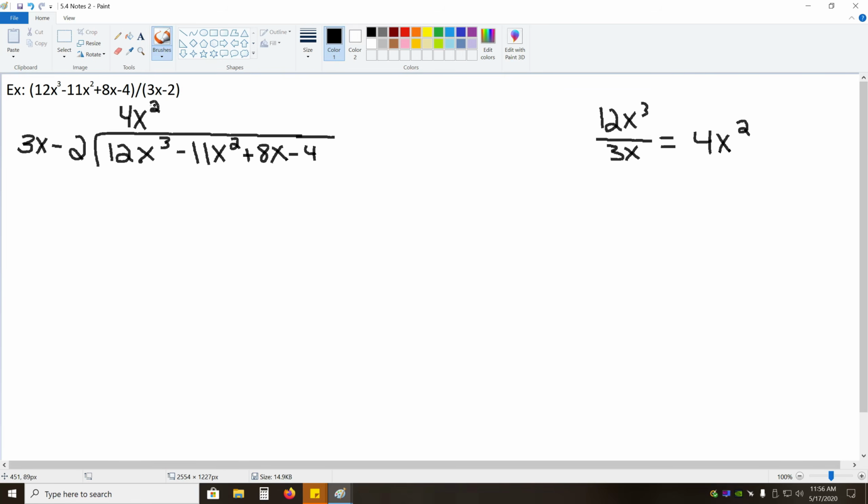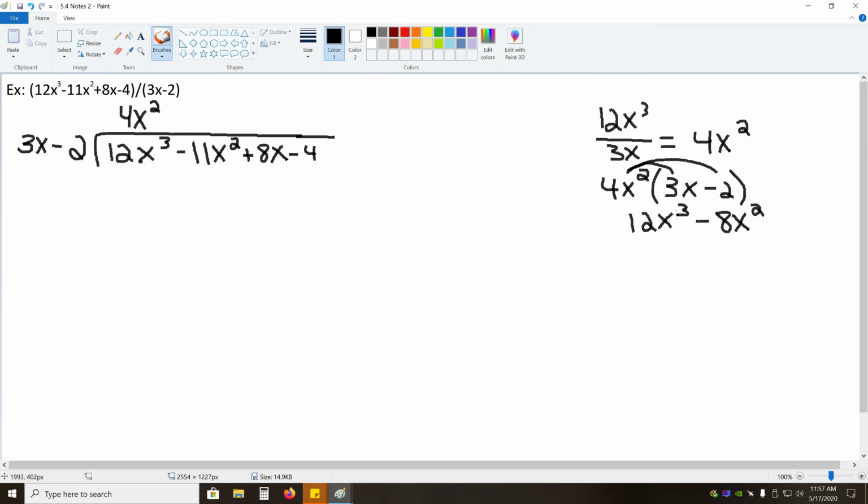And now we always take the number on top and multiply it to the number on the outside. So 4x squared times 3x minus 2. We'll distribute the 4x squared to get 12x cubed minus 8x squared.